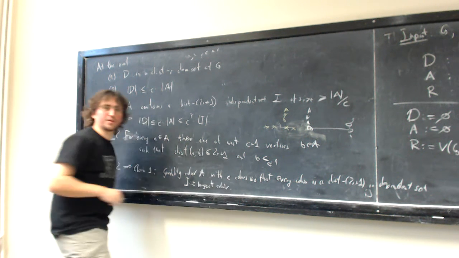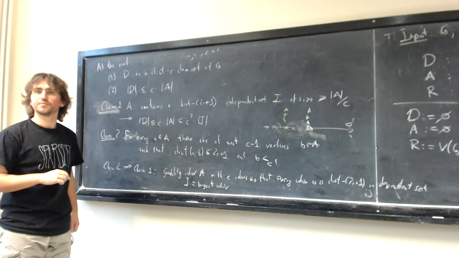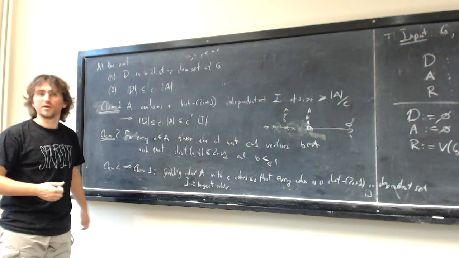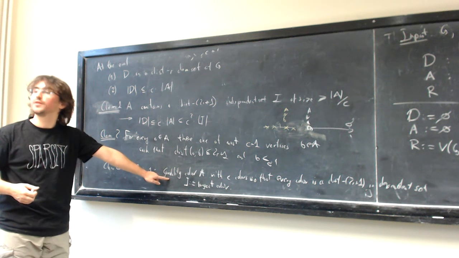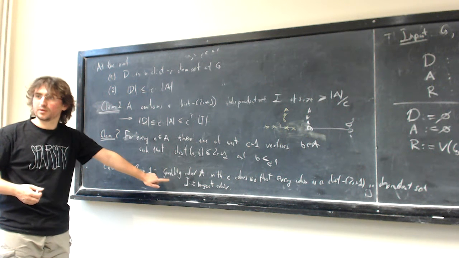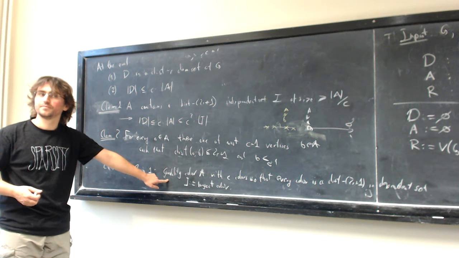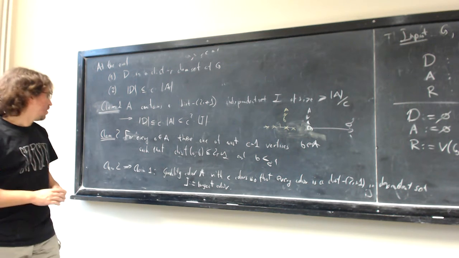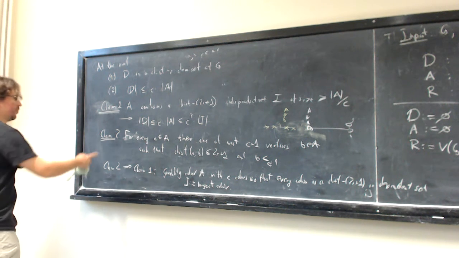And of course this is algorithmic. We can just run this greedy coloring procedure and take the largest color. So this is how we will compute I. Good, so now we are left with proving claim 2.